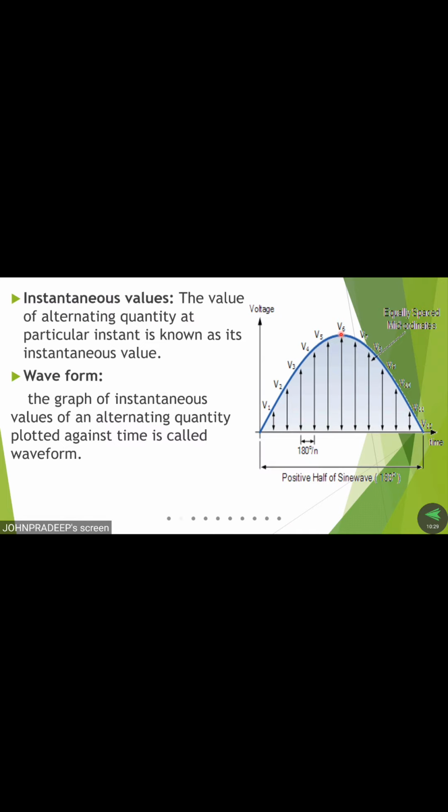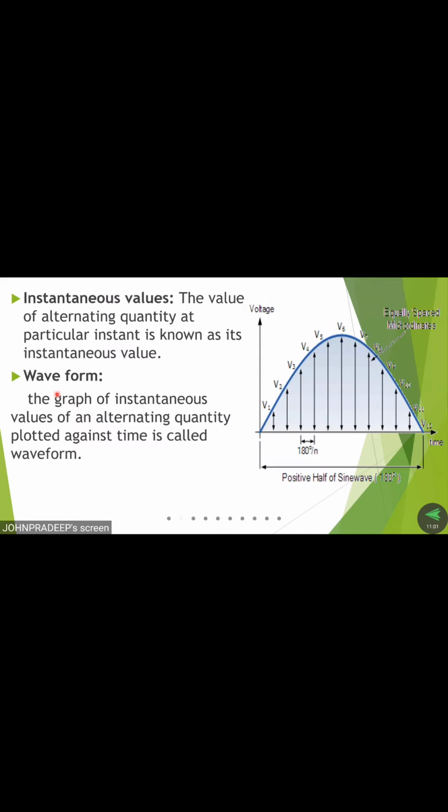V6 is the highest value and V12 is 0; V11 is not similar to V1. Each has its own value at a particular instant of time. For example, at 1 second the value is V1, at 2 seconds V2, at 3 seconds V3. So the instantaneous value is based on time only.